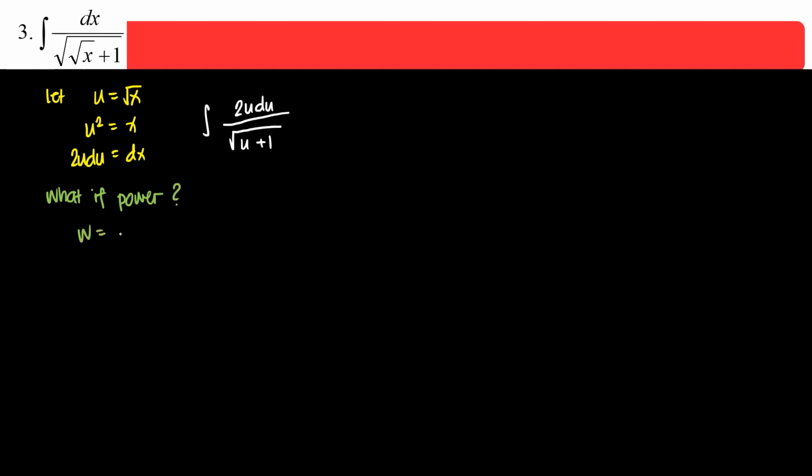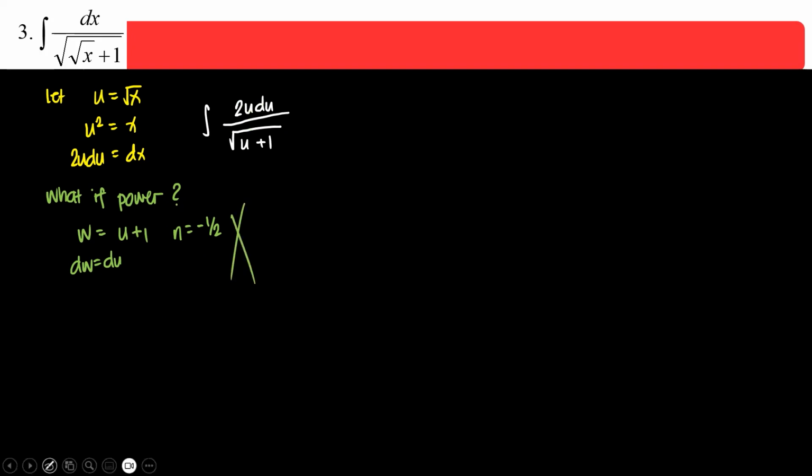Let w be equal to, kasi we've already used u, di ba? N is negative 1/2. Let's use the bottom one. dw is du. Okay, sana. But, look, if it's power, dapat walang u on top. We have a u on top. So that means we can't use the power rule.